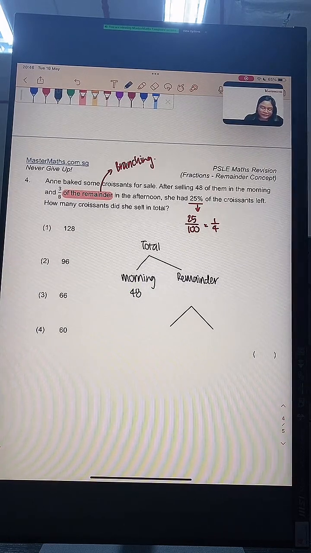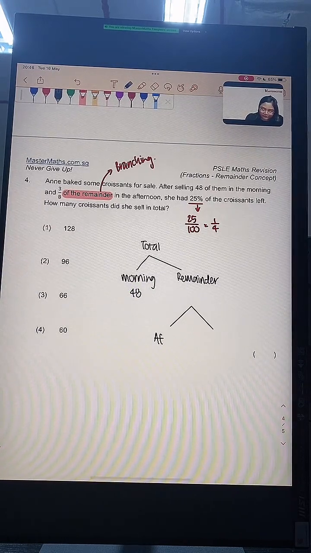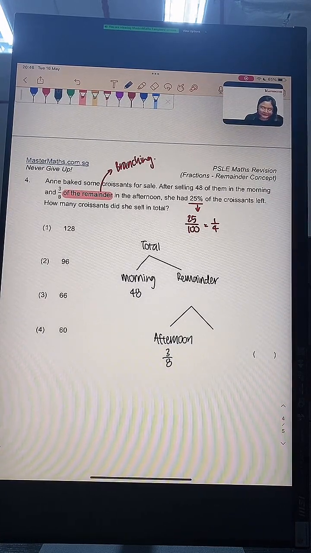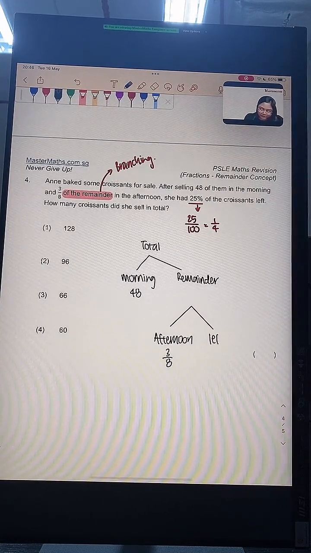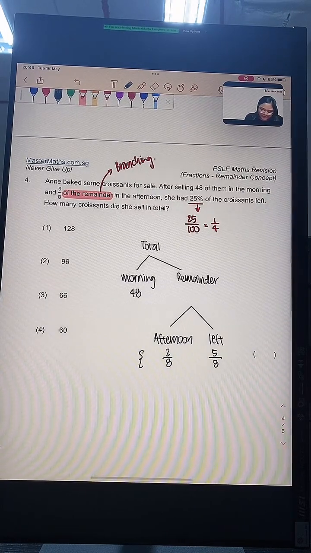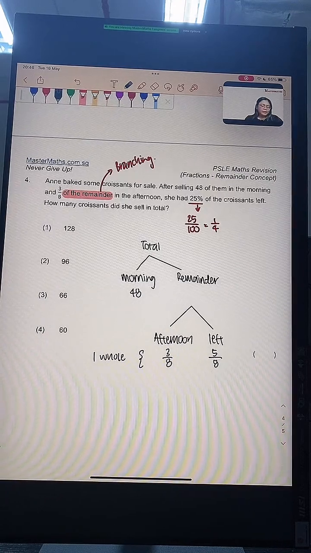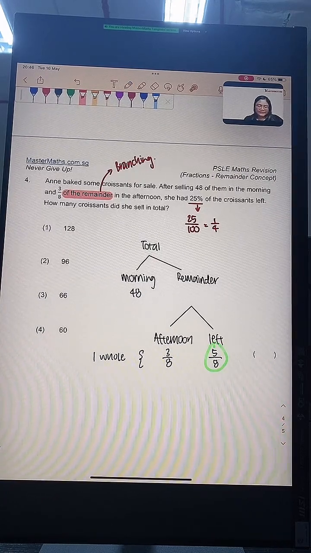And from this remainder, we have in the afternoon 3 out of 8. Therefore, whatever is left would be 5 out of 8. Recall, each layer is 1 whole. That's why what is left is 5 out of 8.